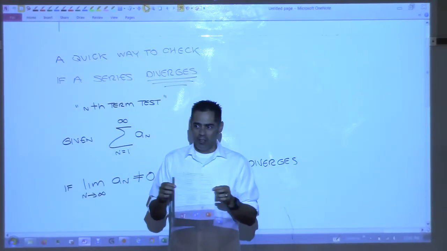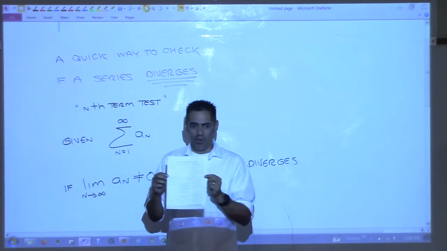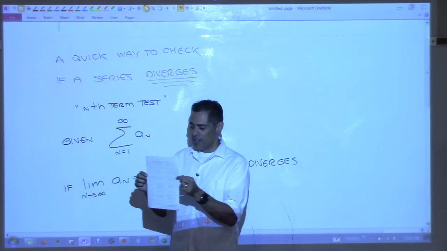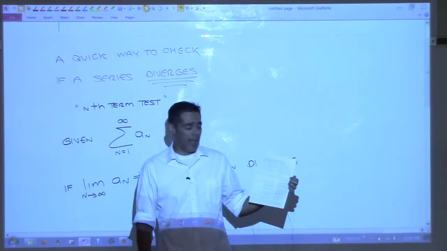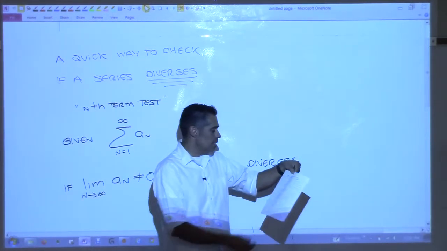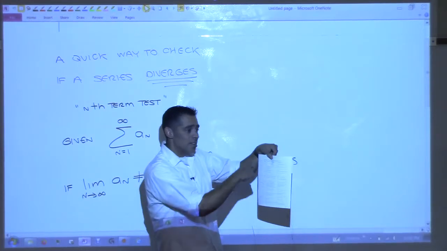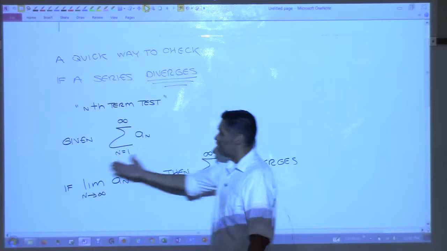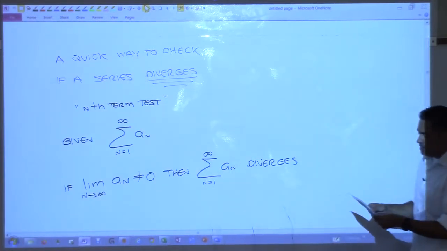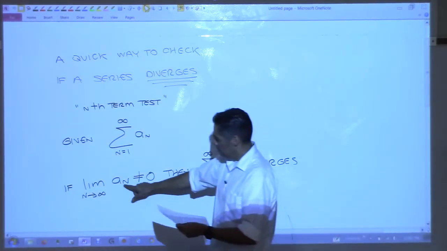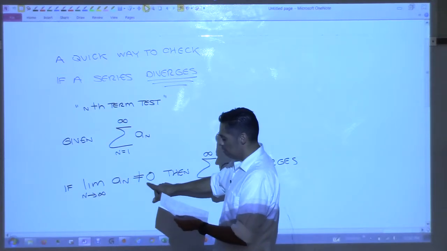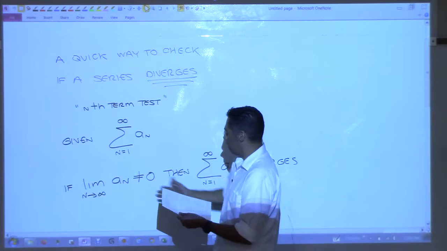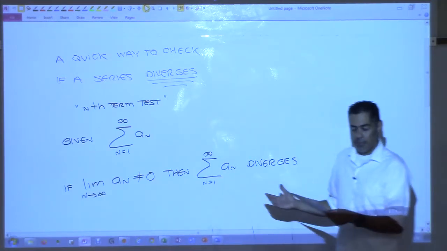All right? You can have this on the test. You're welcome. I had to memorize these when I was a student, okay? I had to know these tests. So you're going to have the ability to reference them. The first test on this list is called the nth term test. There it is right here. It says if the limit of this thing is not 0, then the conclusion is that, what? It'll diverge, right?